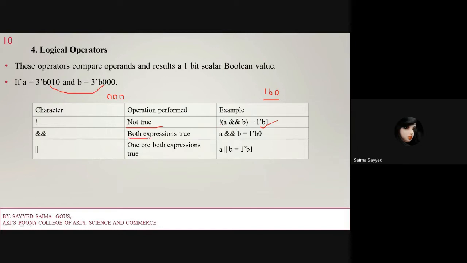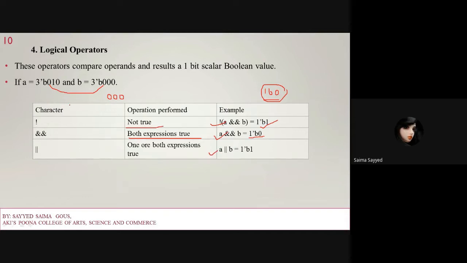Next, both expressions are true, ANDing. So here now see A ANDing B. When we do A ANDing B, the answer should be 0. So here the 1 bit binary number is 0. So this statement is true. Here this statement is false or not true. This statement is true, and here also both are true.